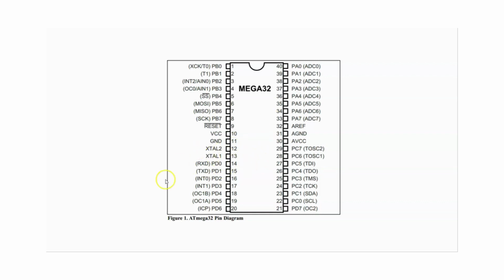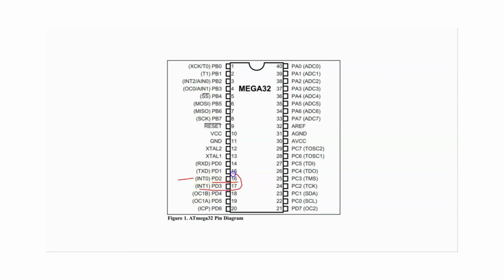Important to note is that as we are discussing interrupts in this session, interrupts are these pins specifically. Here it is interrupt 0, which is at pin number 16, which is PD2, port D, pin 2.